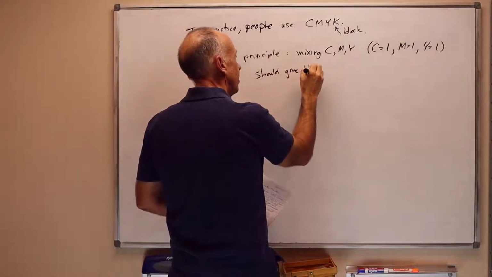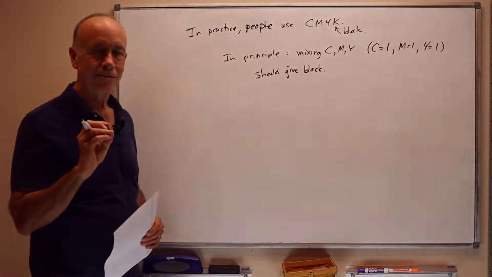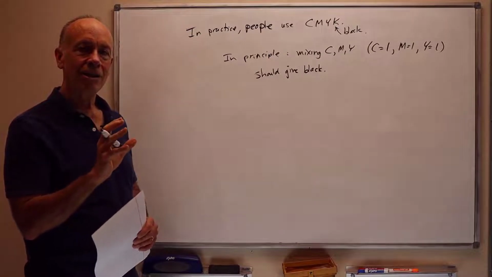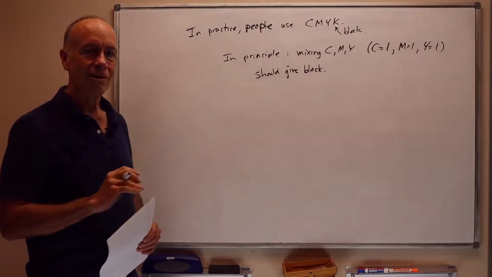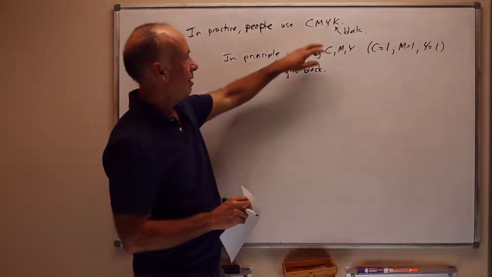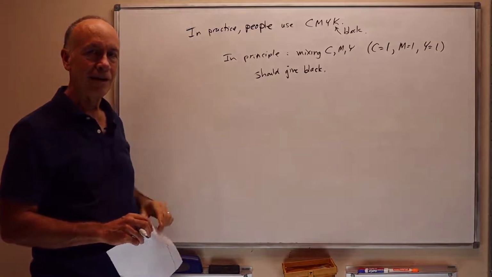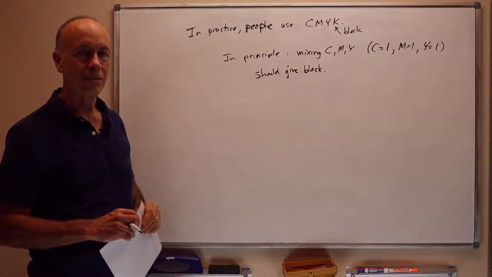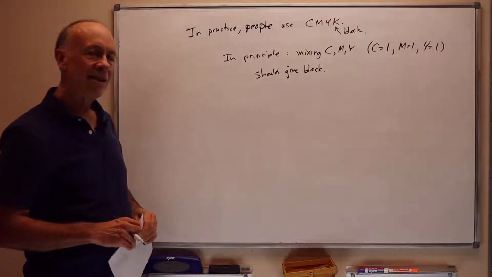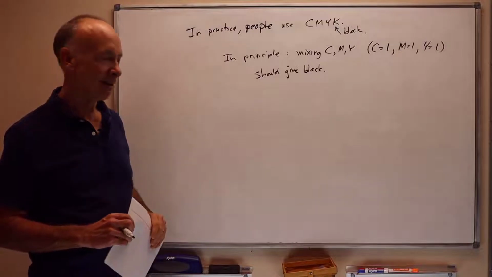But in practice, it's hard to choose actual physical inks for cyan, magenta, and yellow, such that both they look good for mixing lots of colors and they also generate a really good black color when you mix them together. So what people do when you're printing is you use special black ink when you want to get black colors, and when you get other colors other than black or gray, you would use a mixture of CMY. It also saves on ink because if you have a nice black ink, you don't have to use so much of your other color inks.